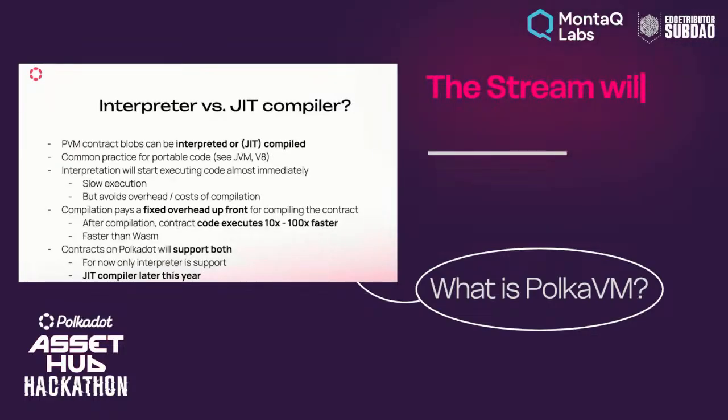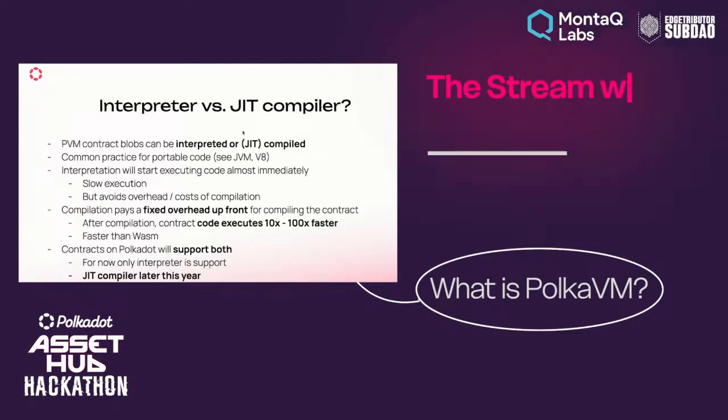So as it is a standard, if you have portable code, for example the JVM or also Node, the V8 engine does this, you can either interpret or JIT compile the PVM blob. Interpreting it means you can start execution instantly like the EVM does. Interpretation is obviously much slower, but it might not matter because, as I said before, if your contract does not do a lot of work, interpreting it will always be faster than compilation.